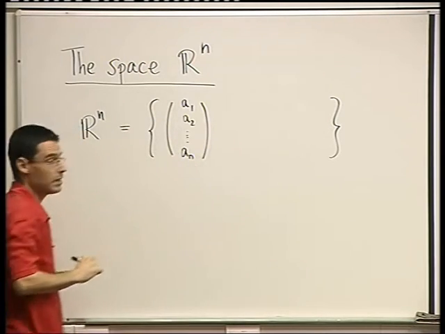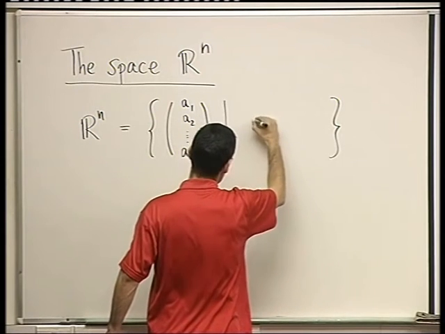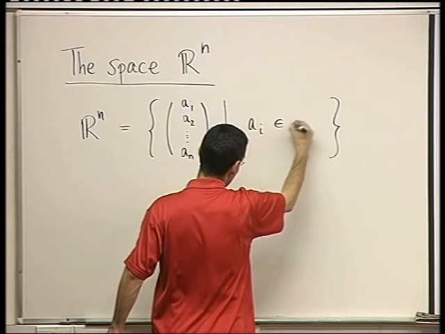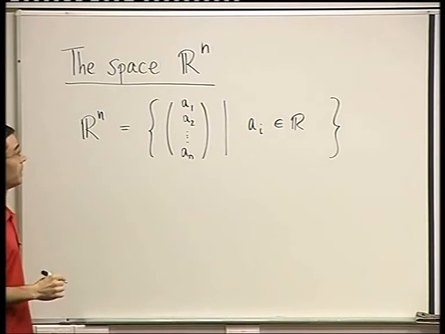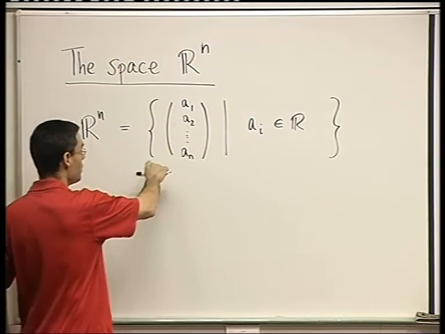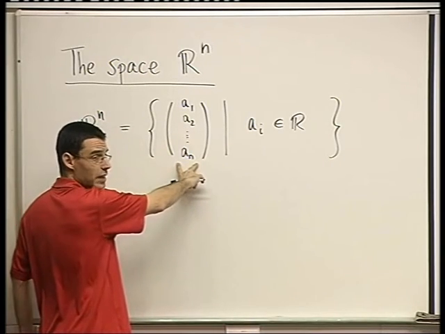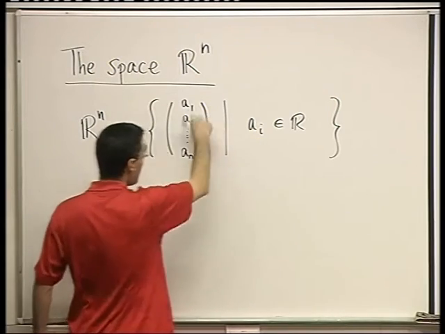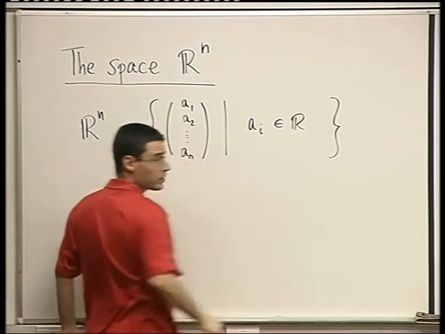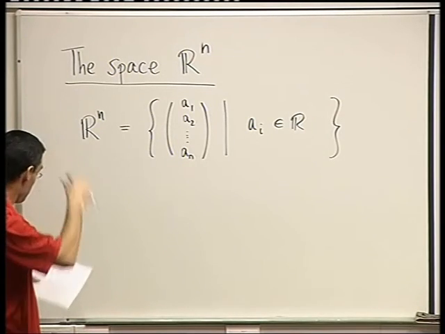So there are n entries in this column vector, such that all these elements are taken from the field R, the field of real numbers. So remember the notation: the set of all column vectors with n entries, such that all the ai, all these entries, are just numbers from the field R. So that's the set Rn.